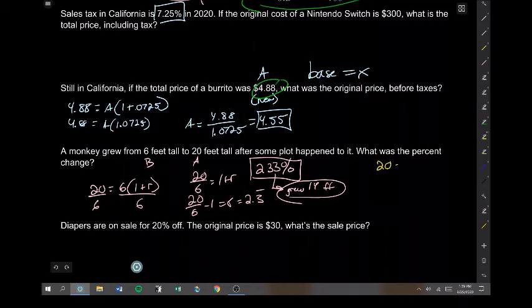New minus old over old equals percent change over 100. You cross multiply, you divide. And that is how you get your 233.